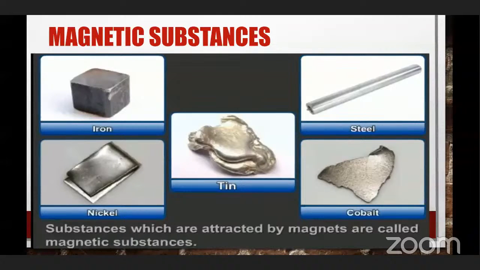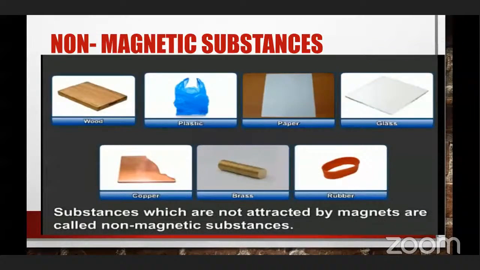Next are non-magnetic substances. Substances which are not attracted by magnets are called non-magnetic substances. See, wood, plastic, paper, glass, copper, brass, rubber.